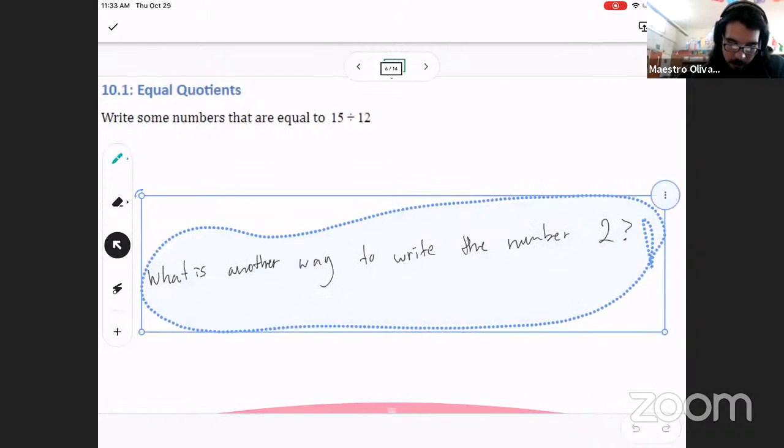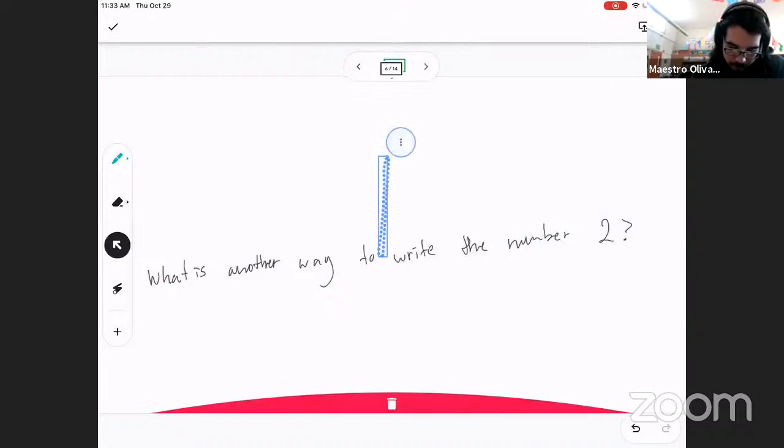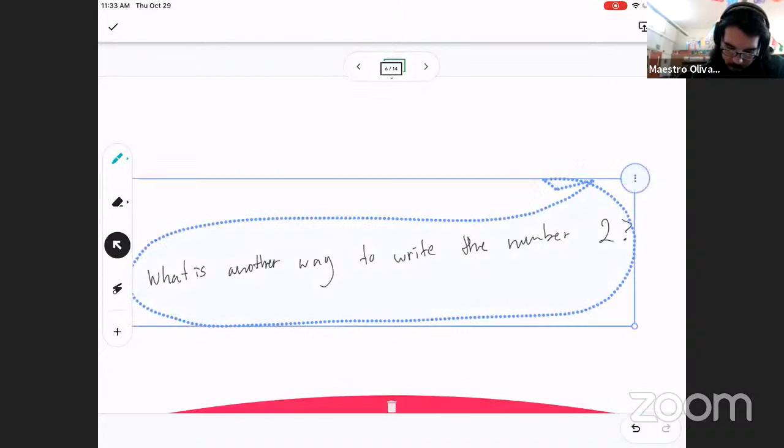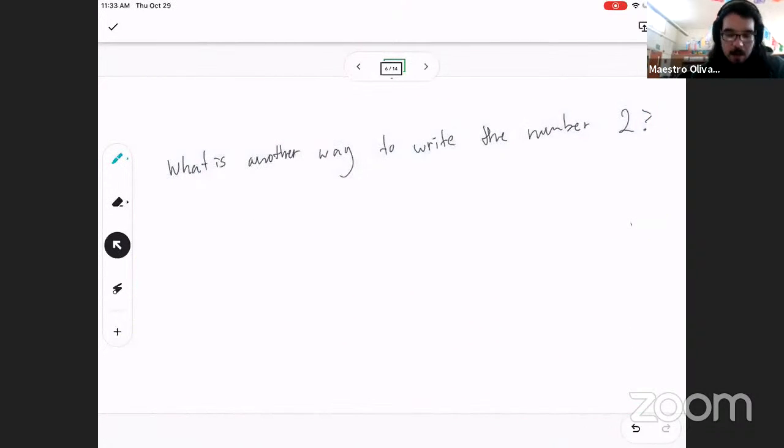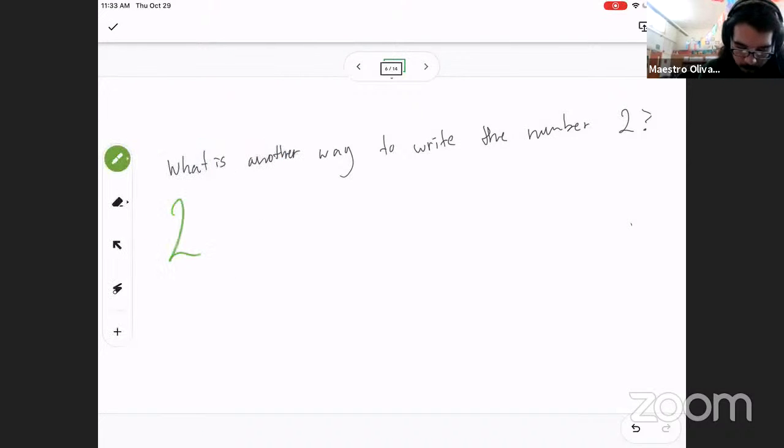Let me change this one up a bit. What is another way to write the number 2? So what's a different way I can write the number 2?